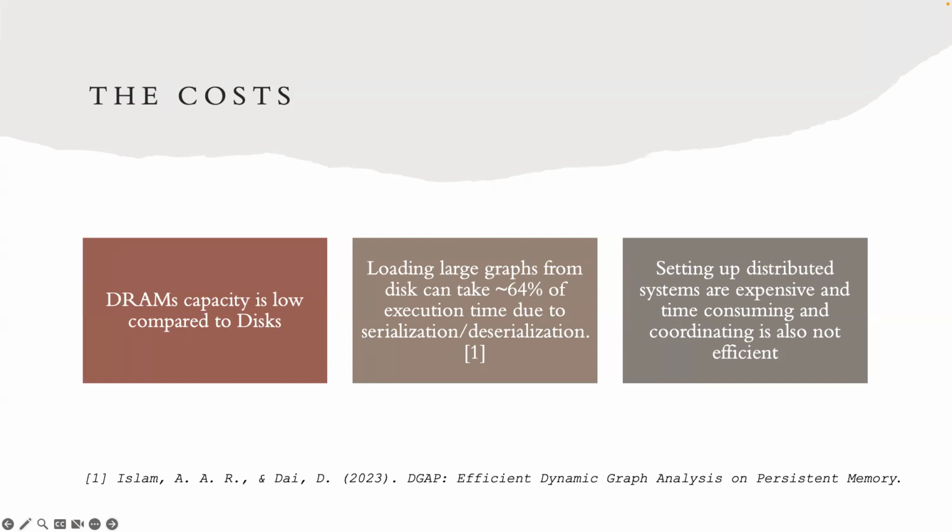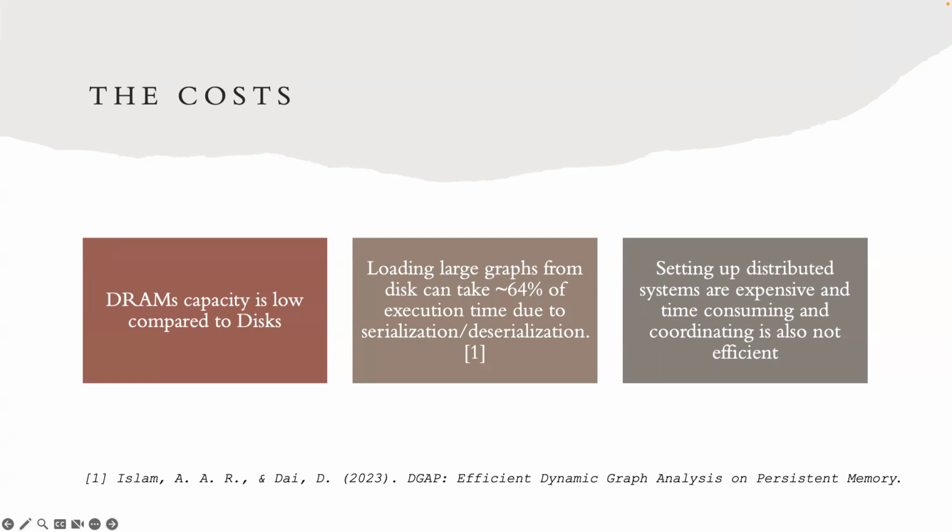Then if we want to analyze large graphs on persistent disk, it can take up to 64% of execution time due to serialization and deserialization, because you have to write data in such ways. And then setting up the distributed system, we already discussed it, it's very costly and it's not efficient.